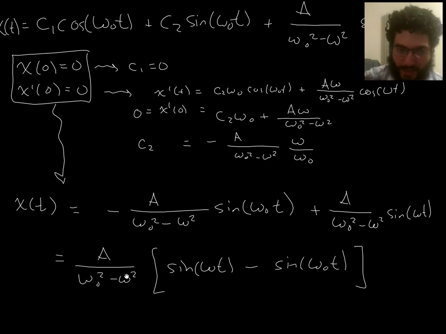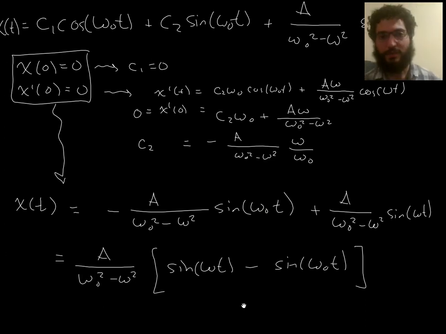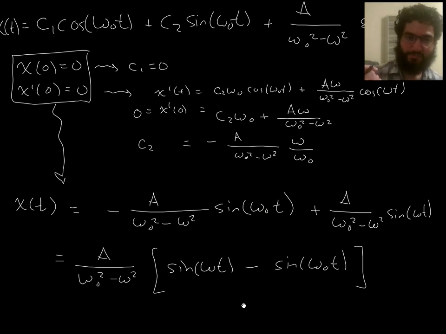On the other hand, if omega is not so close to omega naught, then the denominator is large and the fraction is small. So if you wiggle a system that has a restoring force with a wiggling frequency that is very close to or equal to its natural frequency, the way it would wiggle if you just left it on its own without touching it, then you can get, in this way, the highest amplitude response, the most dramatic response.